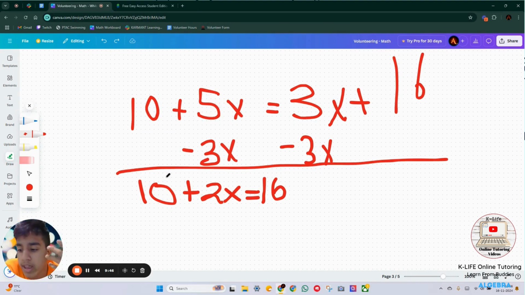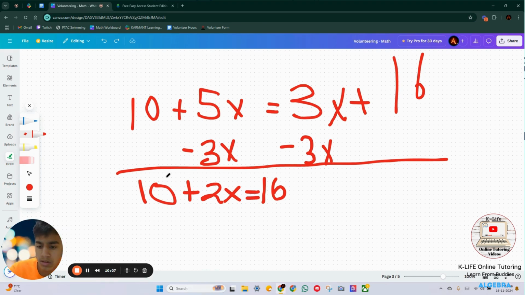Would I just say, I just want to write, for example, 10 plus 2x equals 16? Or would I say something like 10 plus 5x equals 3x plus 16, and then I would solve it from there instead of just doing 10 plus 2x equals 16. So in one of them, you're not having one extra step. In one of them, you're having an extra step.